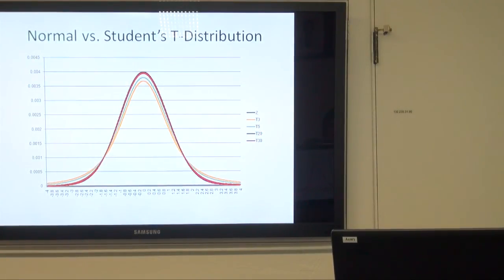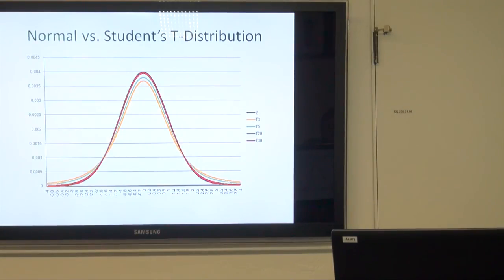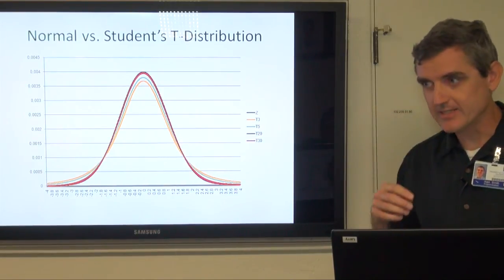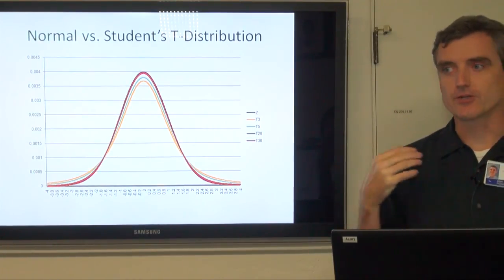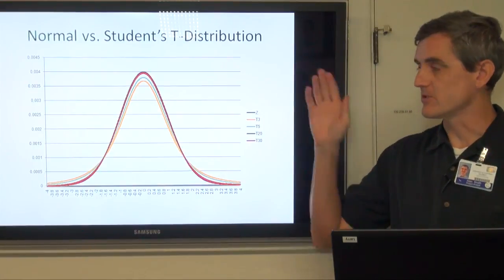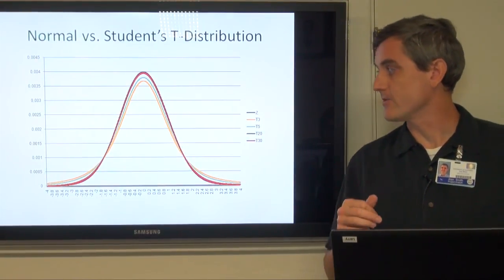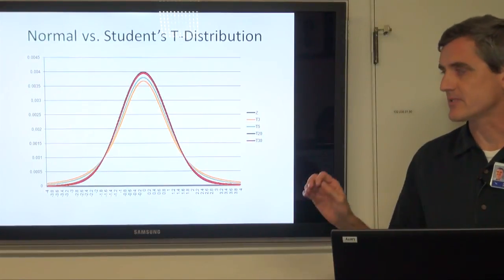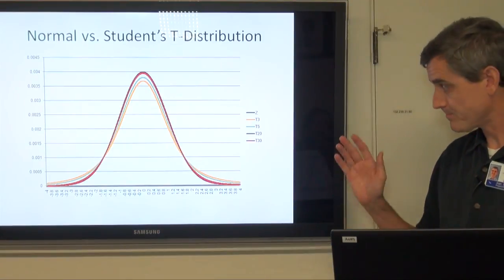There's a guy named William Gossett. He worked for Guinness Brewery, and Guinness did not allow him to publish. So he had to publish under a pseudonym. He used the pseudonym Student. And what he found was that as the sample size changes, the shape of the normal distribution changes too.